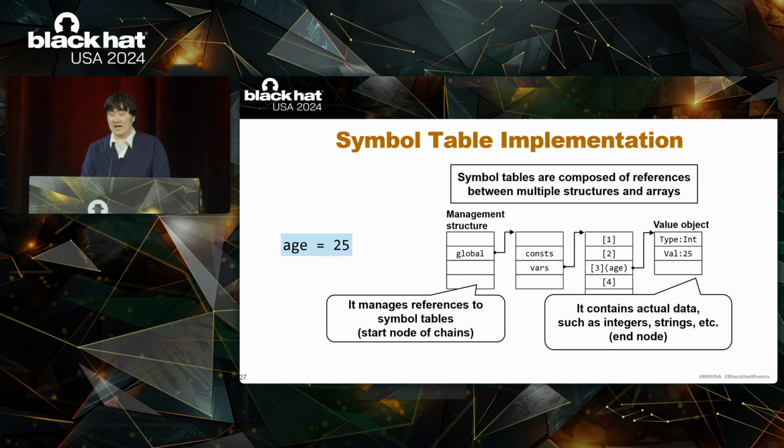A symbol table has references to multiple value objects. So these data structures and the symbol tables are linked by pointer chains. In the chains, a management structure is the start node, and value objects are the end nodes.